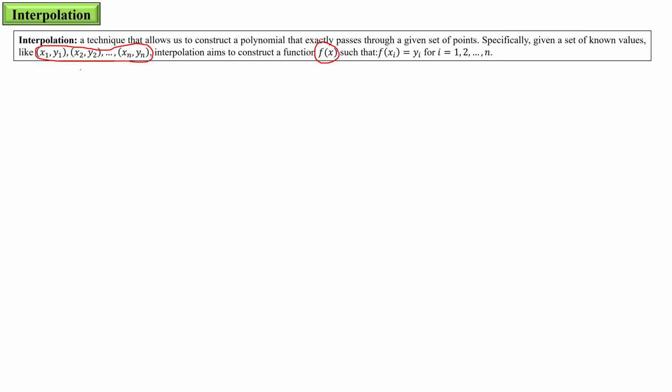Okay, so there are various algorithms to construct such a polynomial, and for this lecture, we want to overview Lagrange interpolation. Lagrange interpolation asks us to first compute some polynomials like L sub i, which is a multiplication of some divisions.